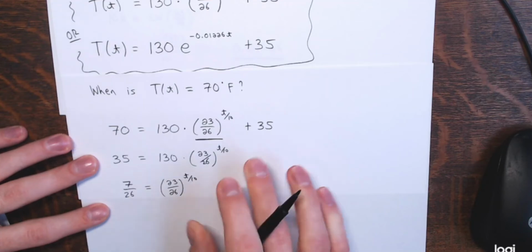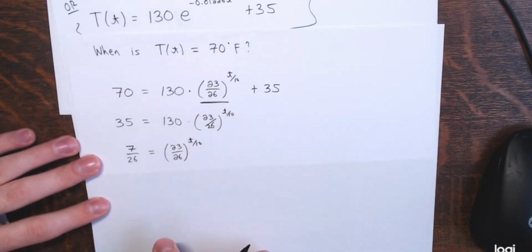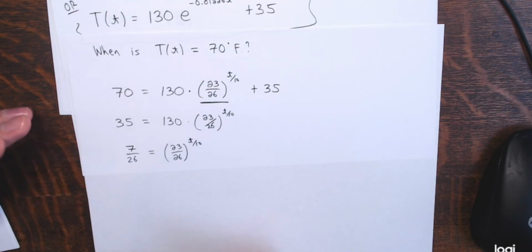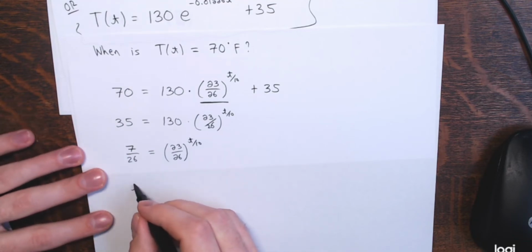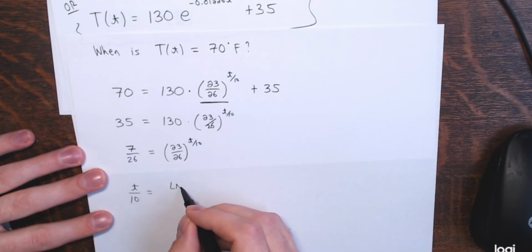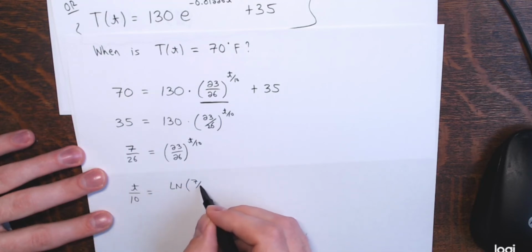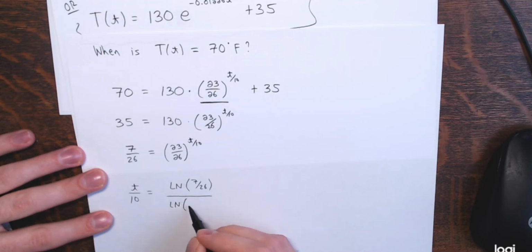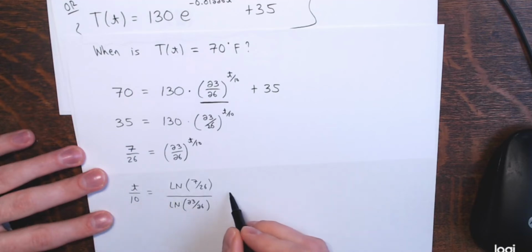And then if I change this to logarithmic form and then use the change of base rule, maybe put it in natural logs, we have t divided by 10 would be equal to the natural log of 7 26ths divided by the natural log of 23 26ths, and then I would just simply multiply by 10 to get t alone.